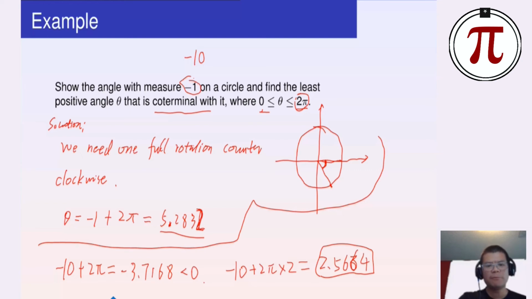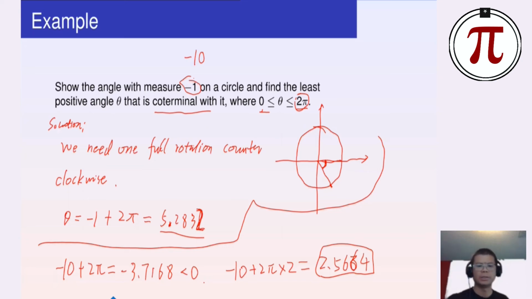So now if we need to find angles that are coterminal with a given angle, we are usually interested in the angle between 0 and 2 pi, within a full rotation.